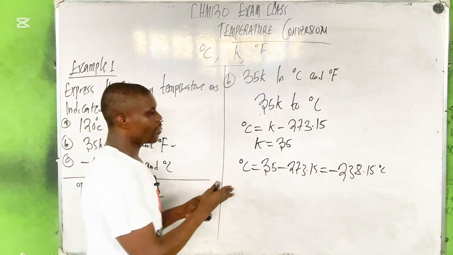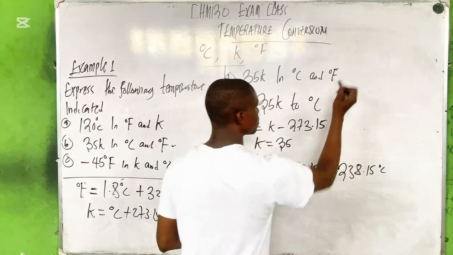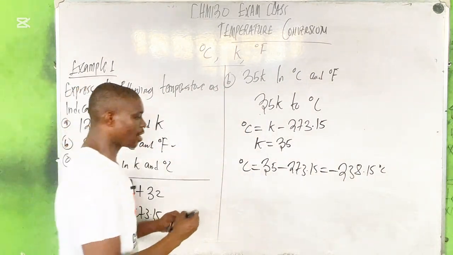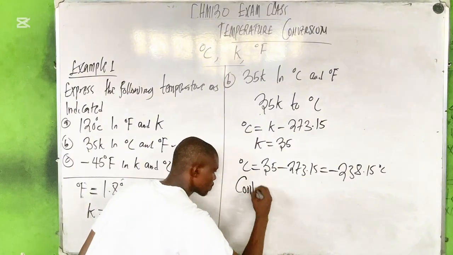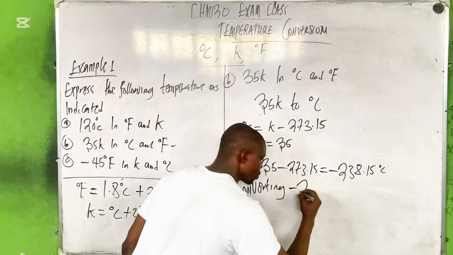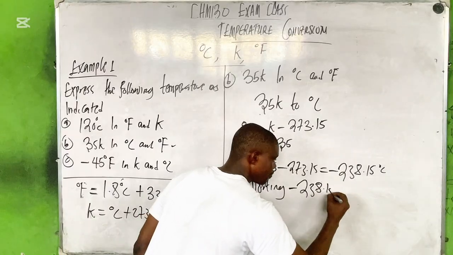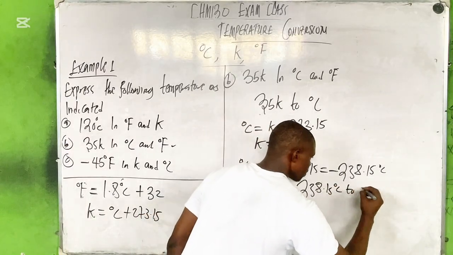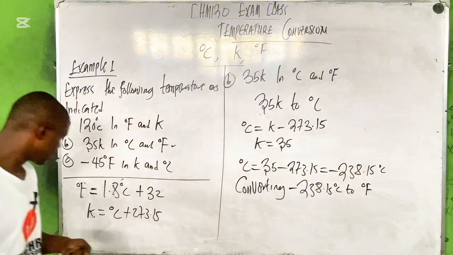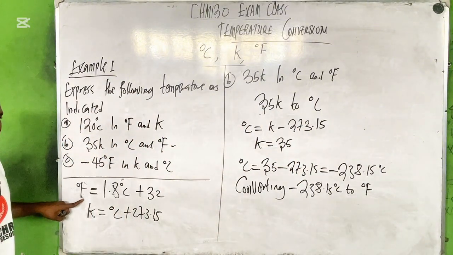Then from here, let's convert this degree Celsius to degree Fahrenheit, right? So you now say, converting minus 238.15 degrees to degree Fahrenheit, right? So of course we are not using this guy.